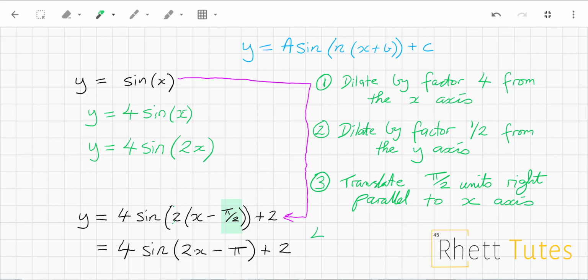And then the last one, number 4, I'll just write that in, 4 sine 2, watch out, (x minus pi over 2) in there.